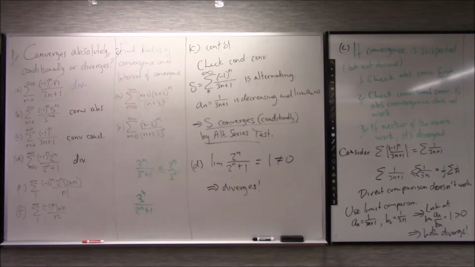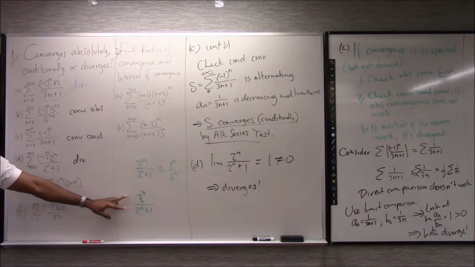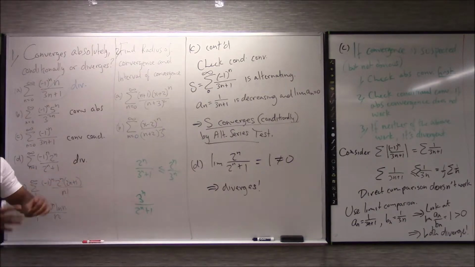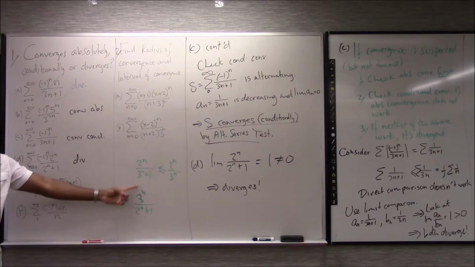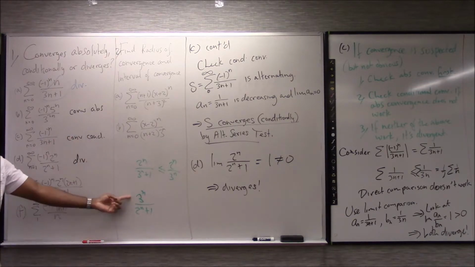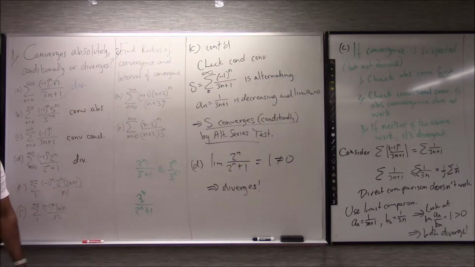Right, so exponentials are kind of like polynomials in that the bigger the base is, the more one function will overwhelm another. So 3 to the n is going to be huge compared to 2 to the n at infinity, and so it's top heavy, it's going to go off to infinity, whereas the opposite is true here.